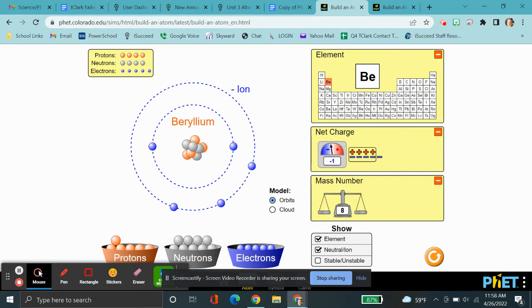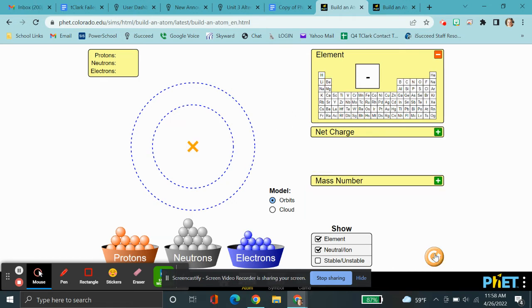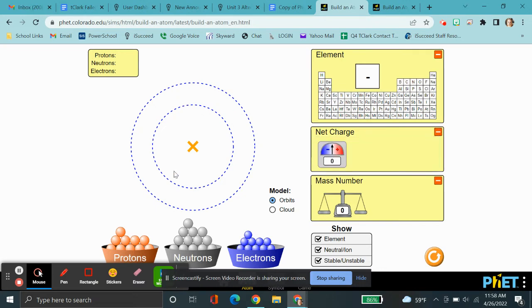So on to number 6, we get to see what affects the mass number on our atom or ion and write a rule for determining the mass number. So that's where you'll focus on this section.